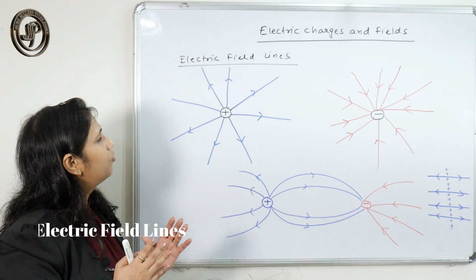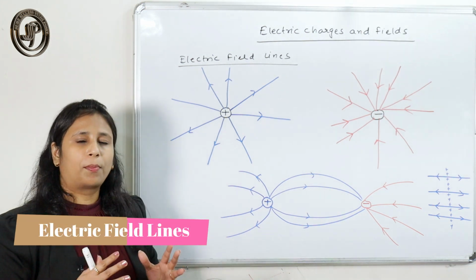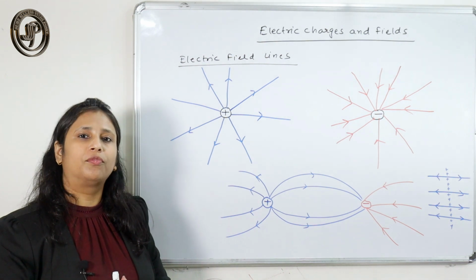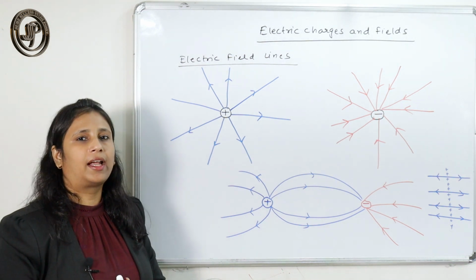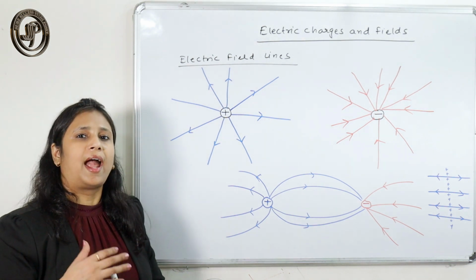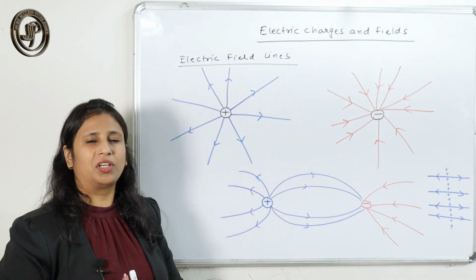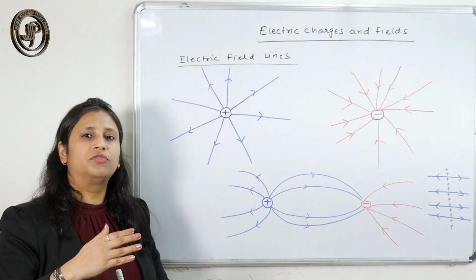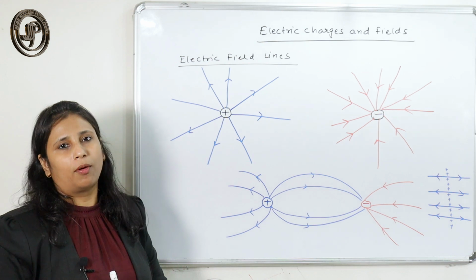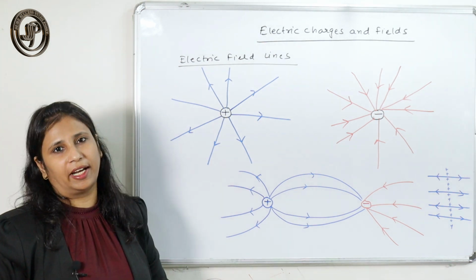Electric field lines. How to draw the electric field lines? From the properties of electric field lines, we understood that they start from the positively charged particle and end at the negatively charged particle. So for a positively charged body, they go from the positive charge to infinity, and for a negatively charged body, they come from infinity to the negative charge.